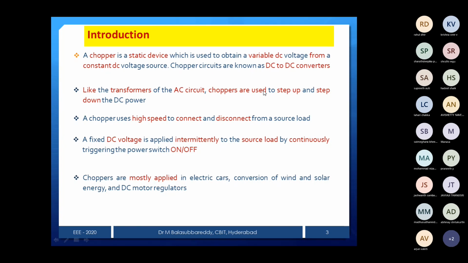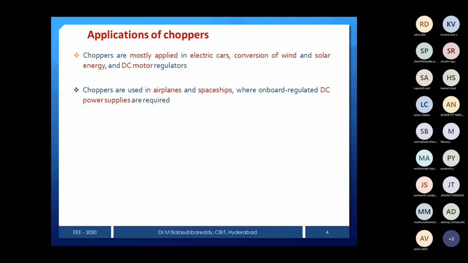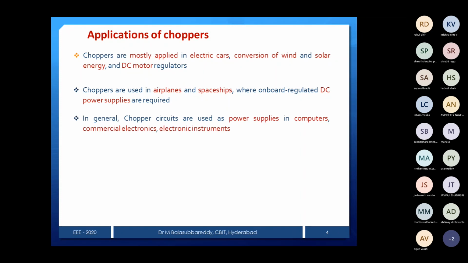That's what I mentioned here: electric cars, wind and solar conversion and DC motor regulation. Once you control the voltage of a DC motor, obviously speed is going to be controlled. Airplanes and then spaceships and some power appliances can use this. And in general, chopper circuits are used for power supplies in computers, commercial electronics and electronic instruments. For all these areas we can use choppers.